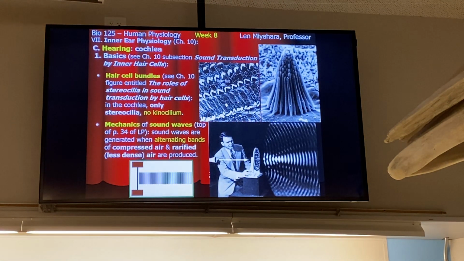And again, on page 34 in your lecture package is showing you some of the physics of sound waves. They are basically alternating compressed air and what's called rarefied air. So if you imagine throwing a pebble into a pond and seeing water waves spreading out from where the pebble hit the water, that's very much like what sound waves look like, except it's not in 2 dimensions, it's in 3 dimensions.